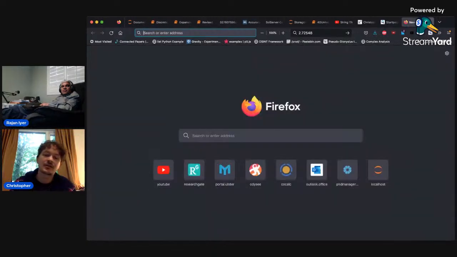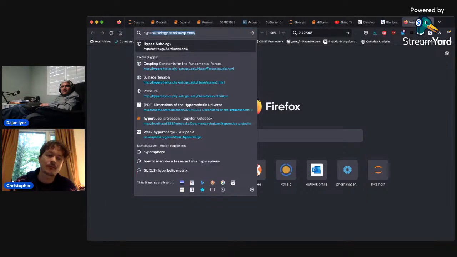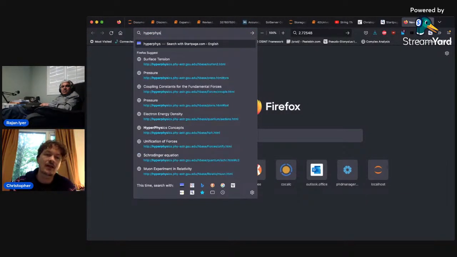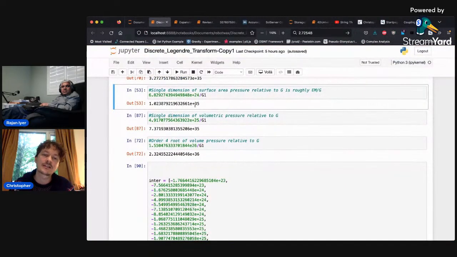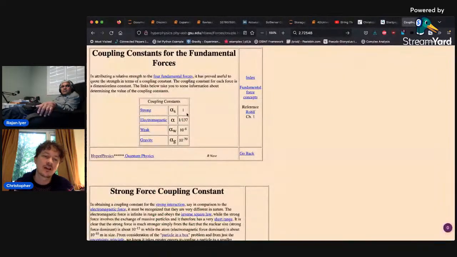No, it's close to the coupling constants for the fundamental forces. The coupling constant between gravity and electromagnetism. It's close in there, because that would be... let me just go back to this.